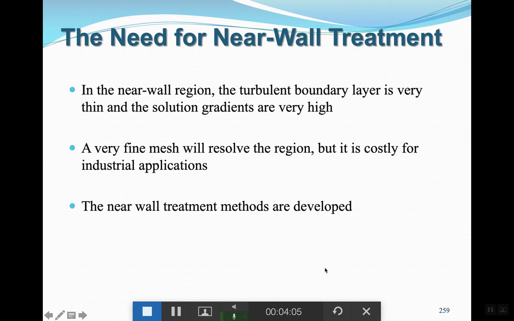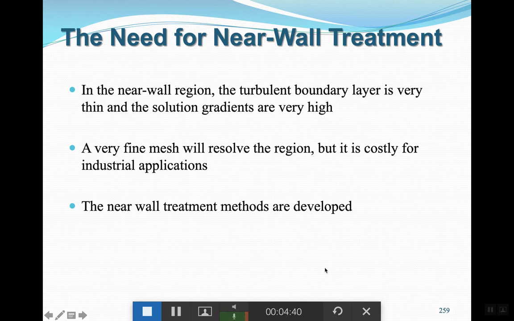Basically, with all of these models, once you get closer and closer to the wall, the treatment of the flow becomes poor, so the results become less and less accurate. These models give good results further away from the wall, but not near the wall. So we have to do extra procedures to make sure our results near the wall are also as accurate as possible.